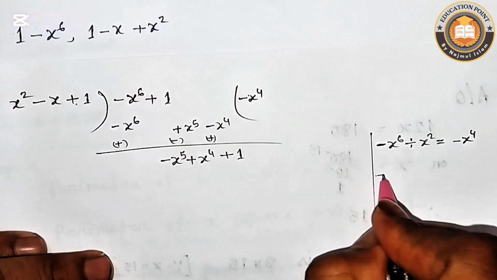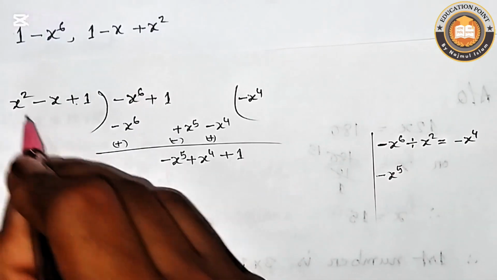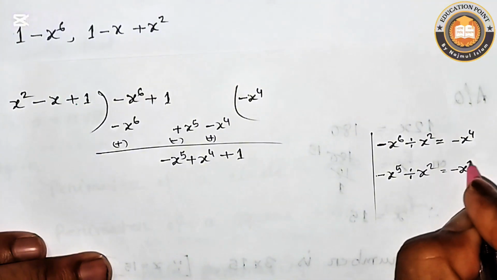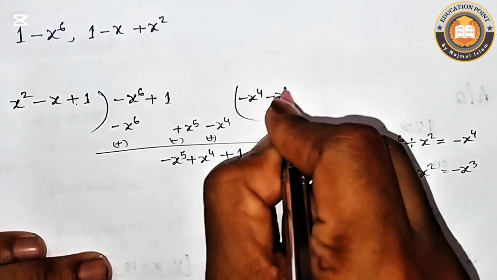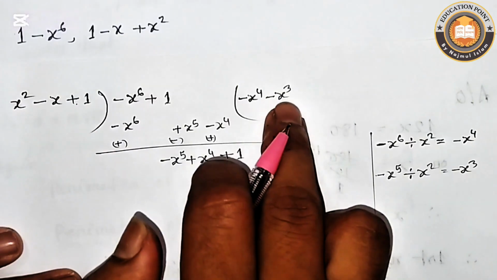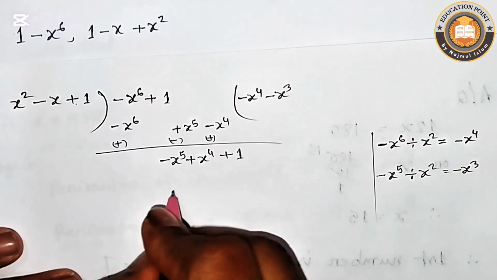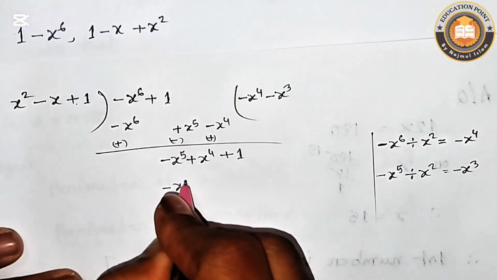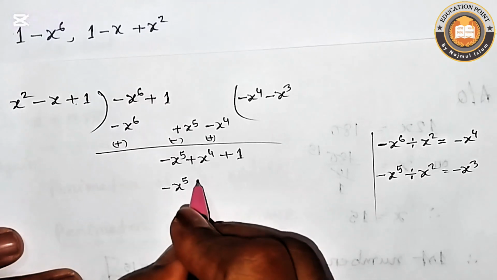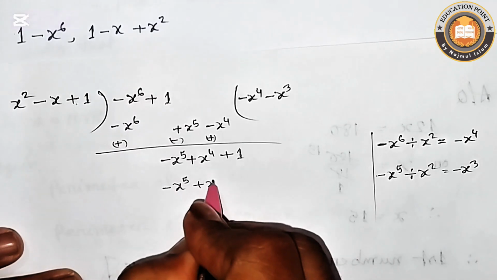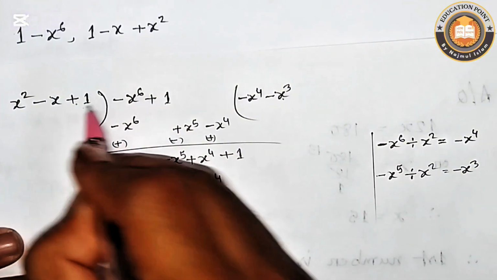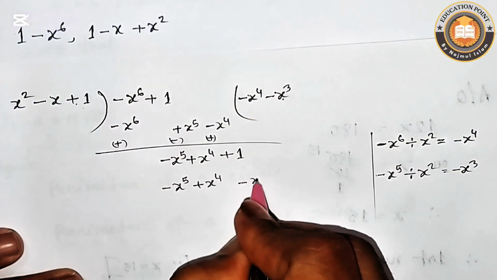Now minus x to the power 5 divided by x square equals minus x cube. So minus x cube multiplied with x square minus x plus 1: minus x cube multiplied with x square means minus x to the power 5, minus x cube multiplied with minus x equals plus x to the power 4, then minus x cube multiplied by plus 1 equals minus x cube.